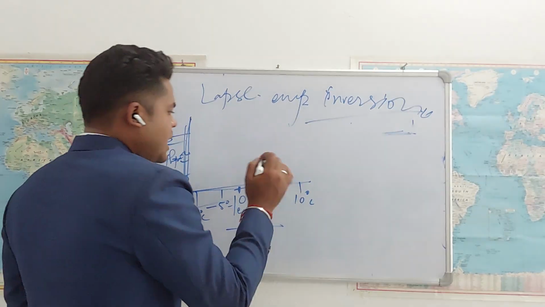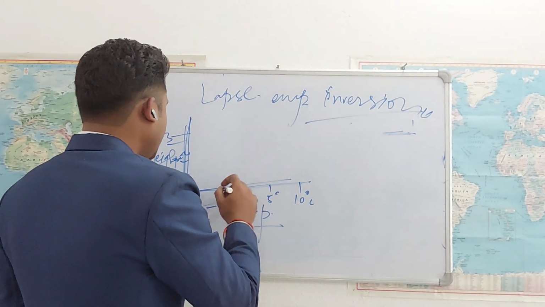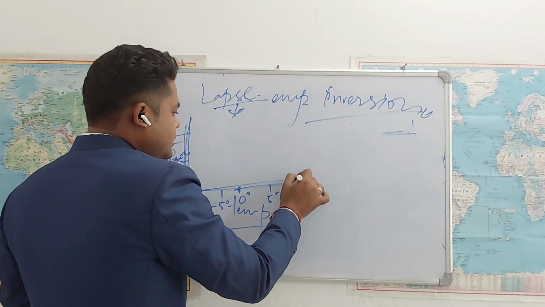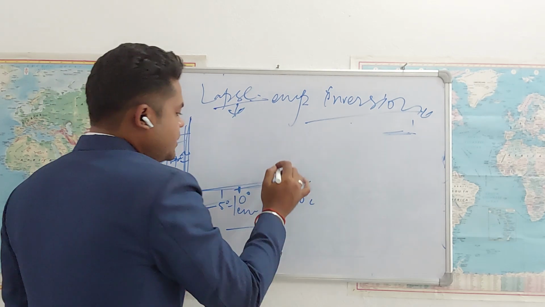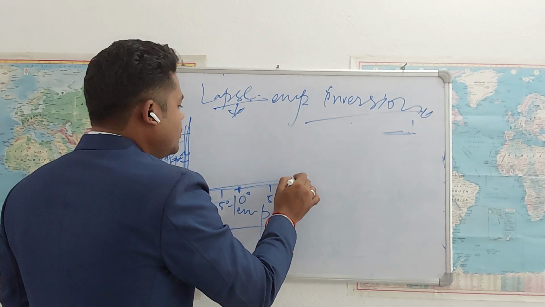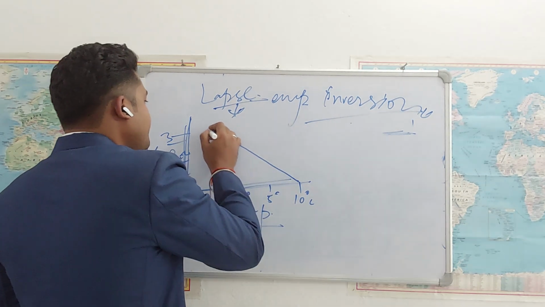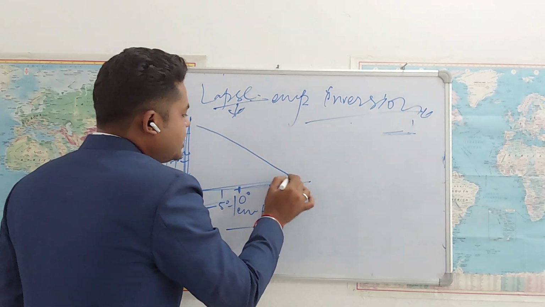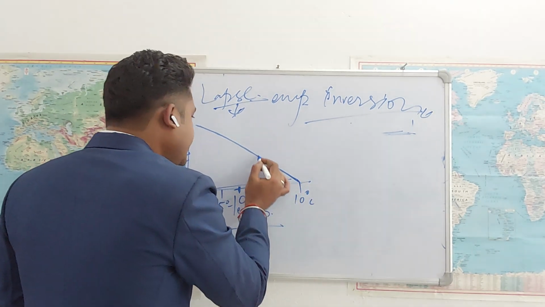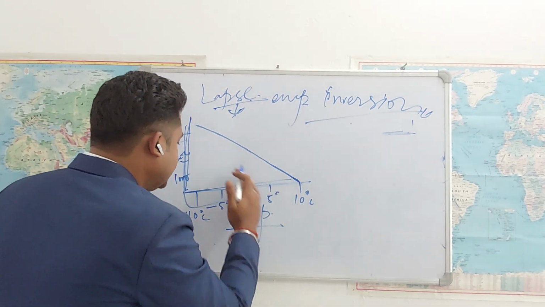Suppose my height is in the lapse rate case. Suppose my height is increasing, my temperature will go like this. This is the normal condition of the lapse rate. With the increment in height, my temperature goes down.